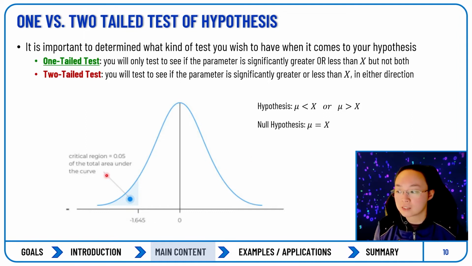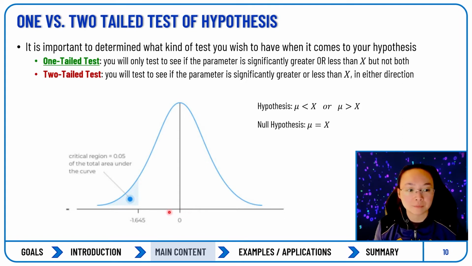If our test statistic falls within what we call a critical region, then we can reject the null hypothesis and accept the original hypothesis. This is called the rejection region, or the critical region, with this being the critical value for the level of confidence you're looking at. So if I have a 95% confidence interval, then I'm looking at a 1.6 something standard deviation away from the mean, or the center of the distribution.